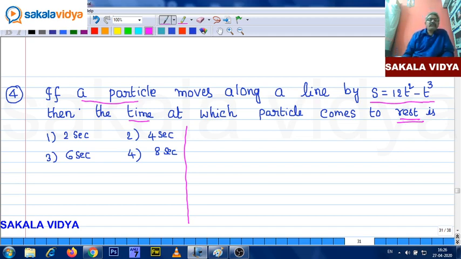So we need to equate v equal to 0 and calculate the t value. That is the required time. First, let us find ds by dt, which is 24t minus 3t square.